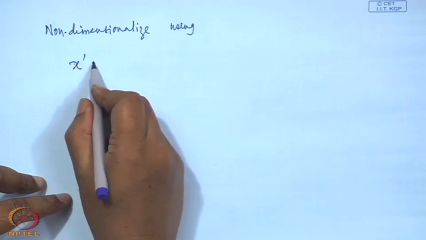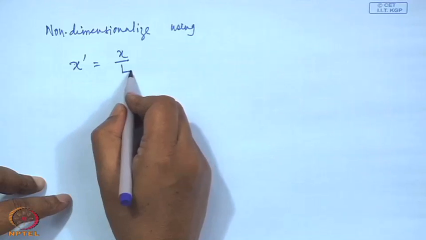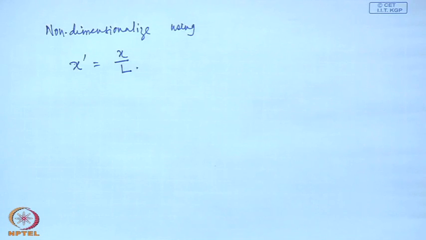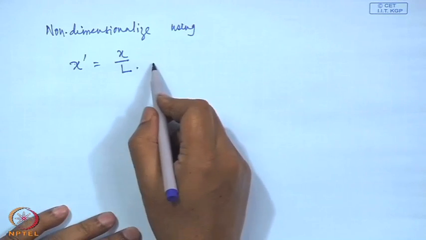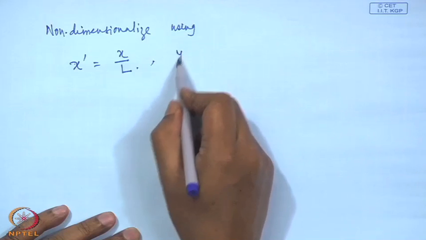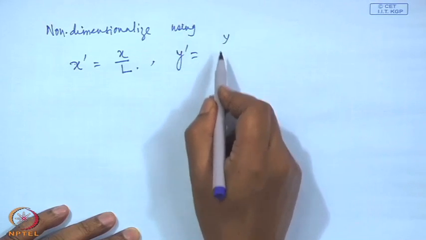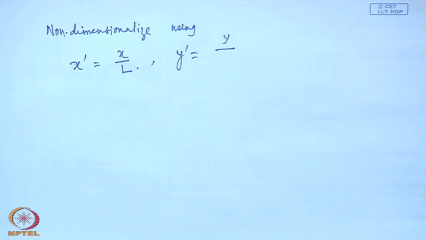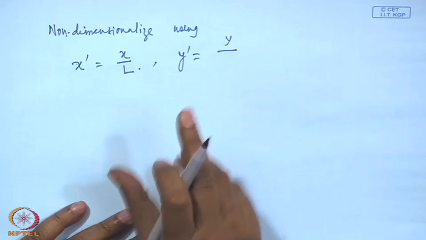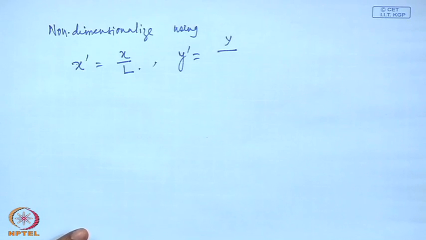The non-dimensional x prime is as usual x by L, where L is the reference length in the streamwise direction. y prime is not y by L, but Re to the power minus half into L, because the length in the normal direction, or the thickness of the boundary layer, is of the order of inverse square root of Reynolds number.